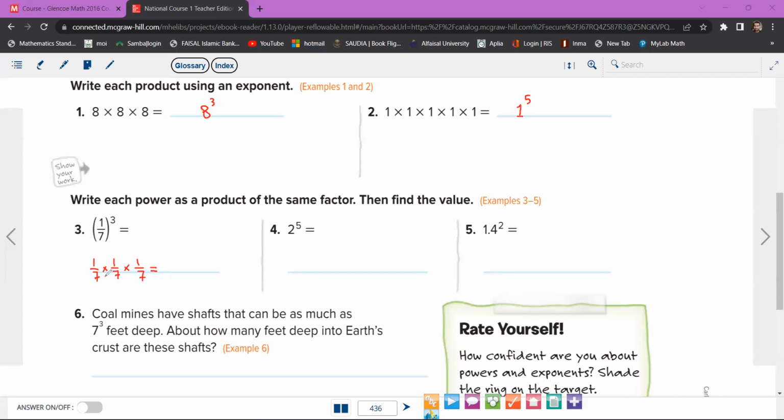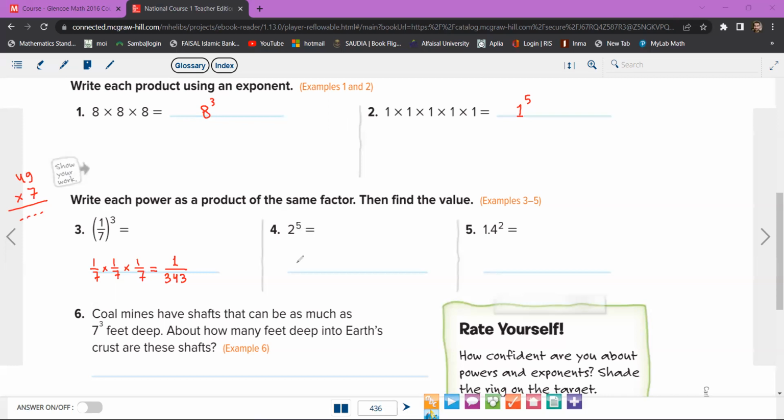Multiply the numerators, multiply the denominators. 1 times 1 times 1 is 1. 7 times 7 is 49. 49 times another 7 will give you 343. And of course, you can check yourself that 7 times 49 is really 343.